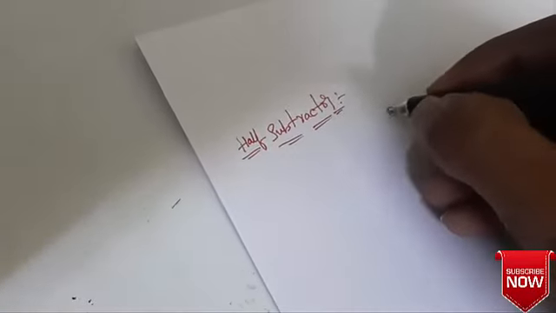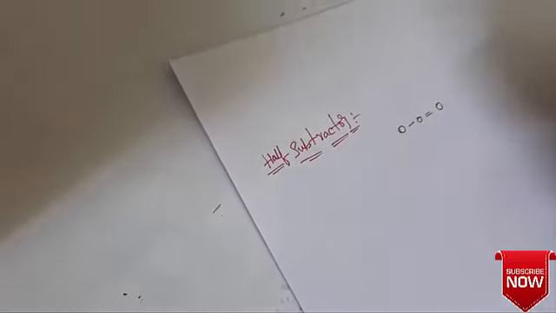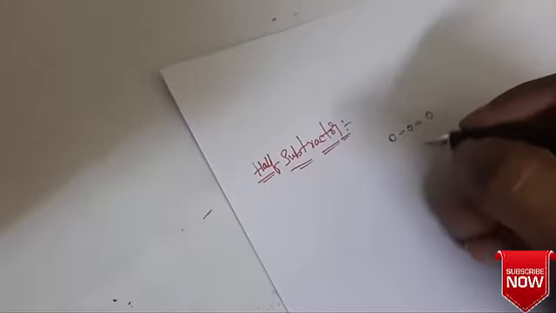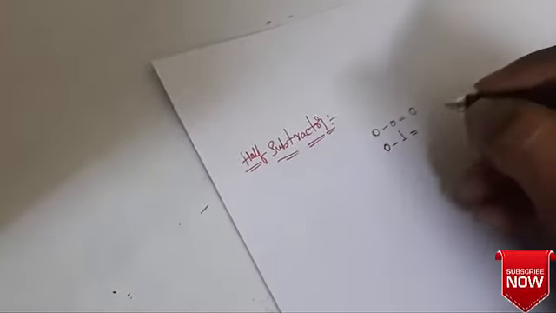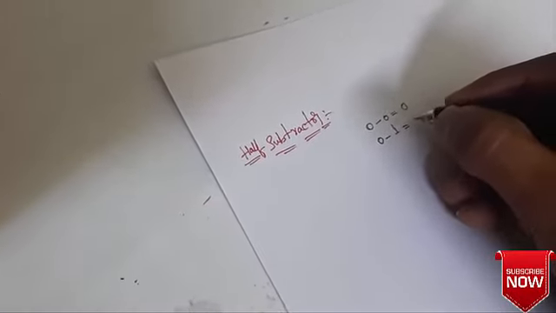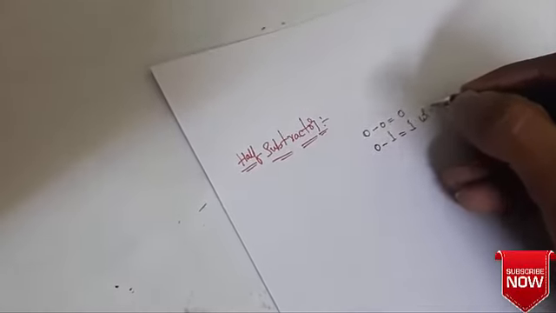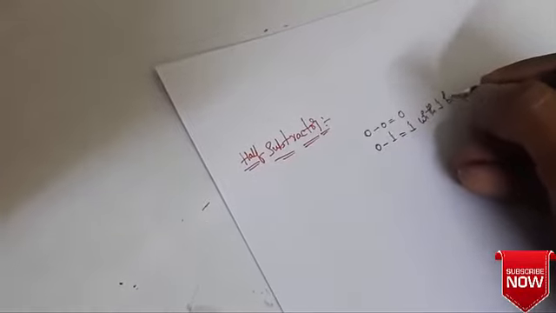If you take 0 minus 0, the difference will be 0 and the borrow will be 0, right? If you take 0 minus 1, you must take the borrow. That means the difference will be 1 with 1 borrow.